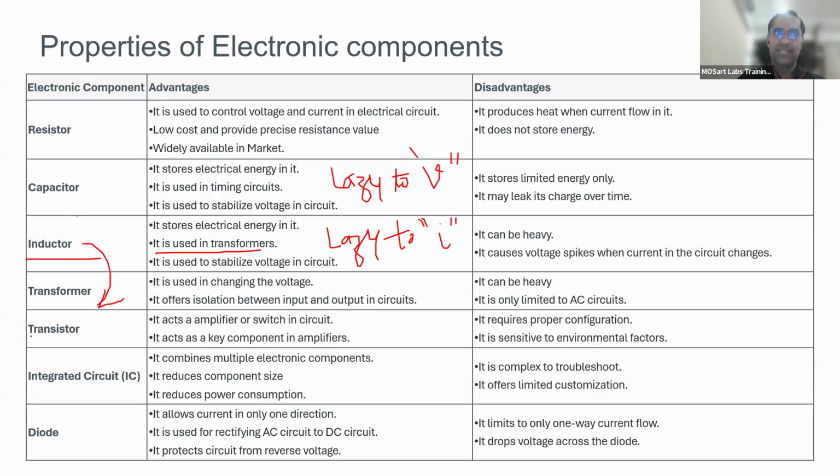Okay, then we have transistors. The interesting thing about transistors is that a transistor can act as a resistor. A transistor can act as a capacitor. You can make a transistor act like an inductance. Also, you can make a transistor act like a switch. And that is the art of using transistors to design circuits.